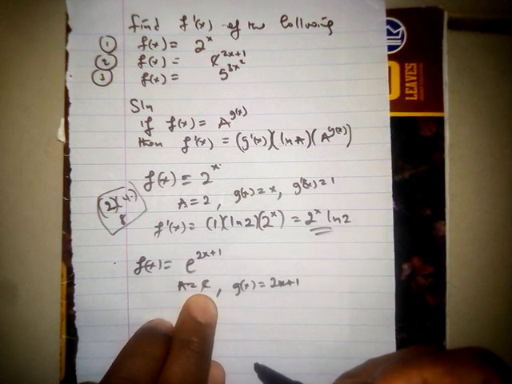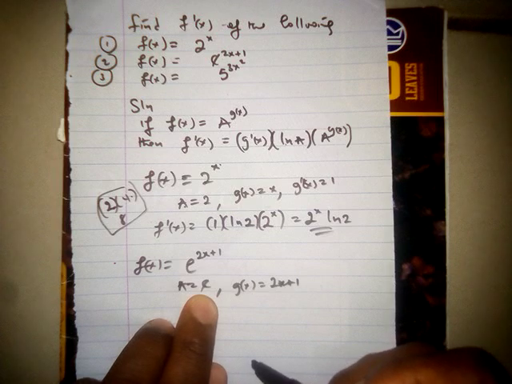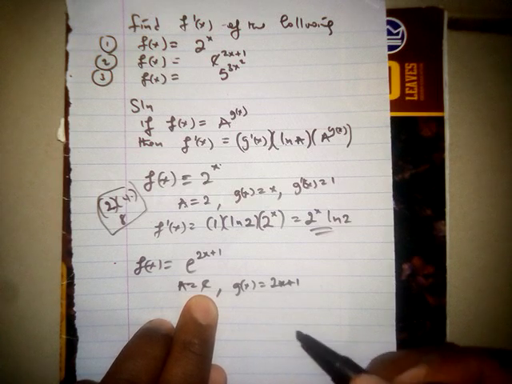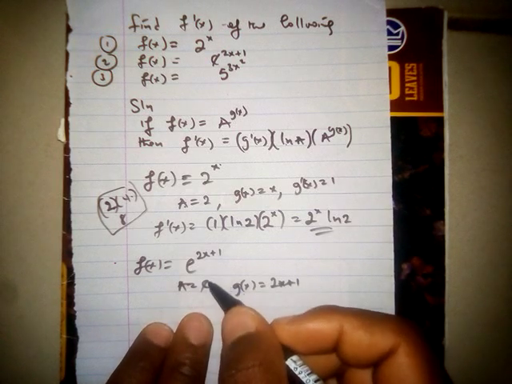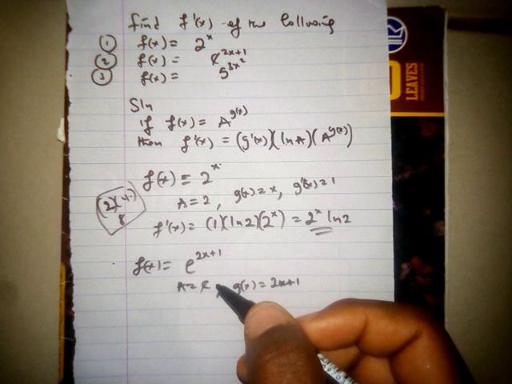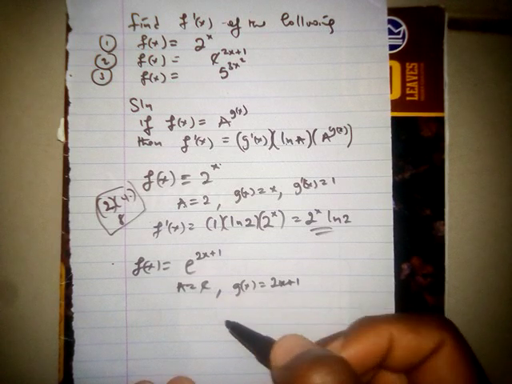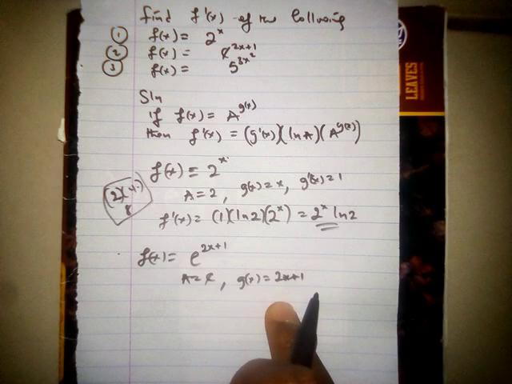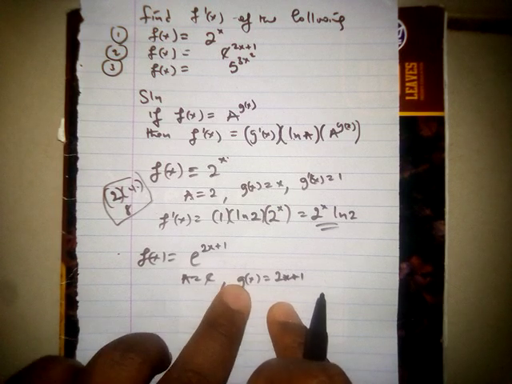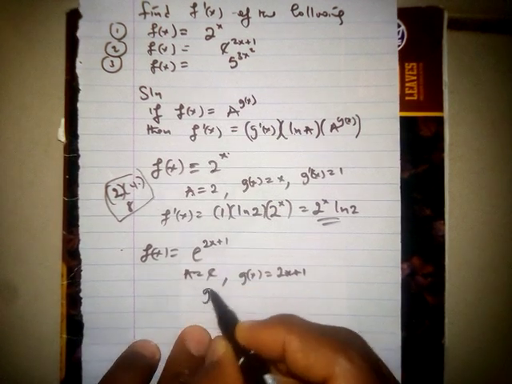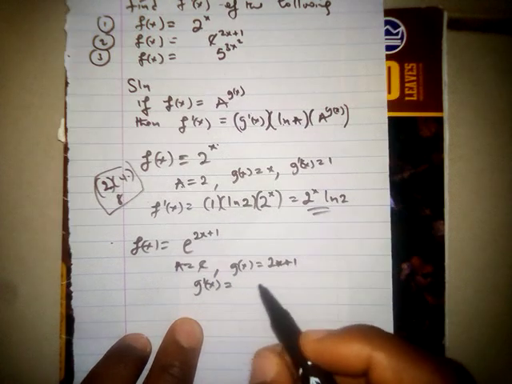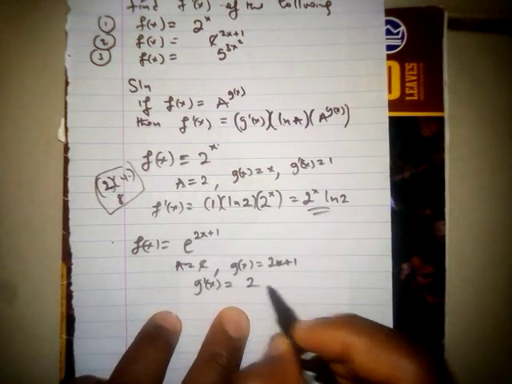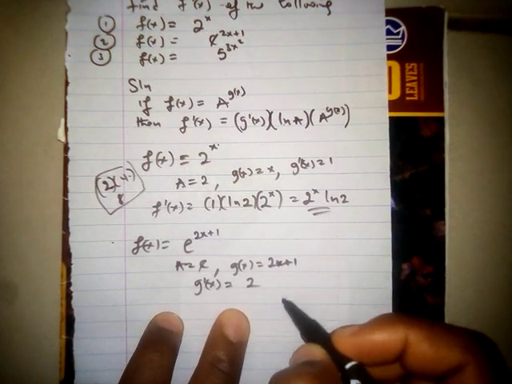If you check your calculator and press e, you will have something like 2.7. We use it mostly in natural logarithm. So our a here is e, and e is a constant. My g of x is 2x plus 1, so my g prime of x is equal to 2.